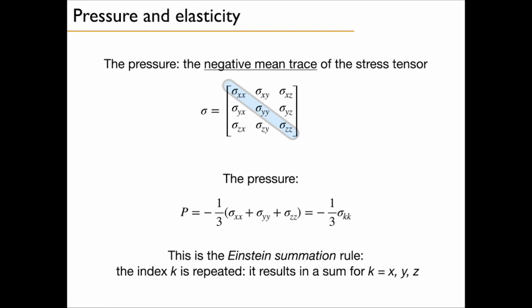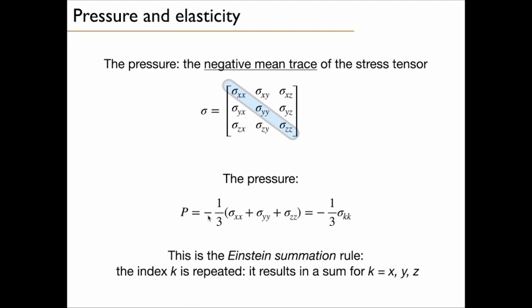A similar measure exists for the stress, and this would be the pressure, for example. So what is the pressure? The pressure is also related to the trace of the stress tensor. In fact, here it is the negative mean trace. So we will take the diagonal elements of the stress tensor, we will multiply by 1/3 to get the mean, and multiply by -1.